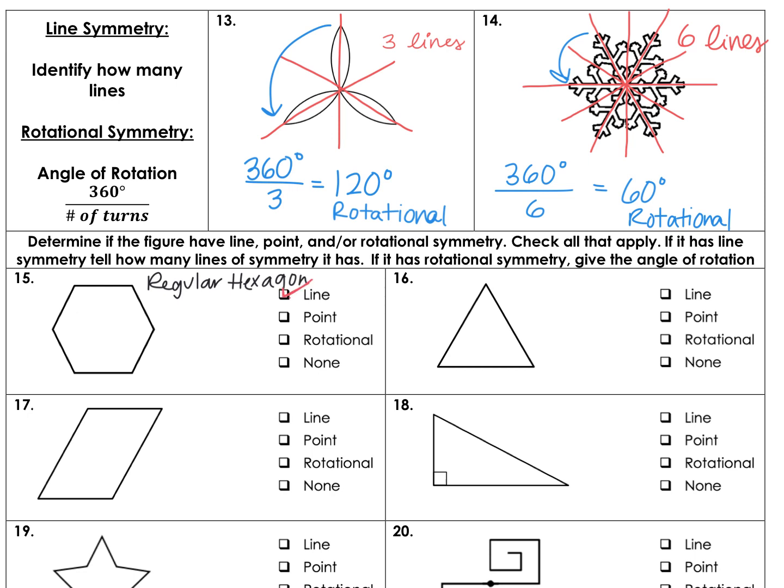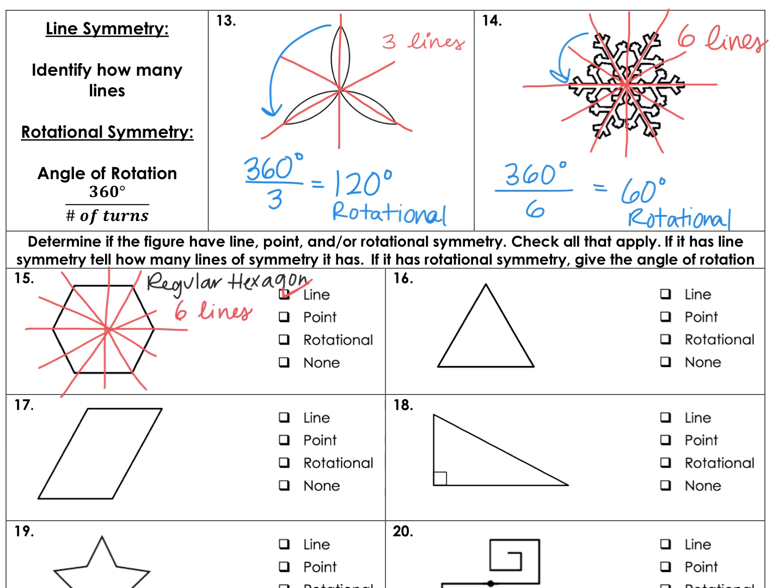How many? If it's a regular hexagon, there are 6 sides. I was going from point to point: 1, 2, 3. And then you can also go in between: 1, 2, 3. So there are 6 lines.